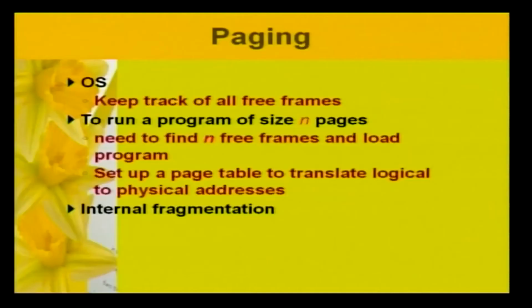Modern day operating systems also implement a complex variety of paging, which is referred to as inverted paging. This will be discussed in future episodes. The operating system always keeps track of the total number of frames available in the memory and the number of free frames out of the available frames.